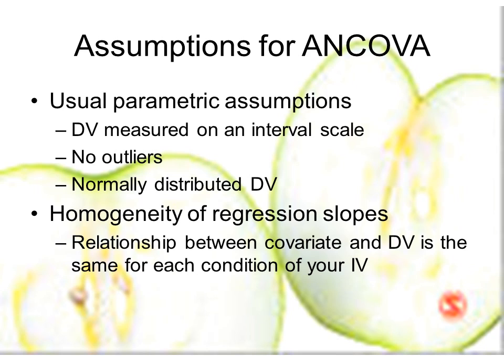We do not have any outliers, and it's a normal distribution of the dependent variable. Homogeneity of the regression slopes: the relationship between the covariate and the dependent variable is the same for each condition of your independent variable.